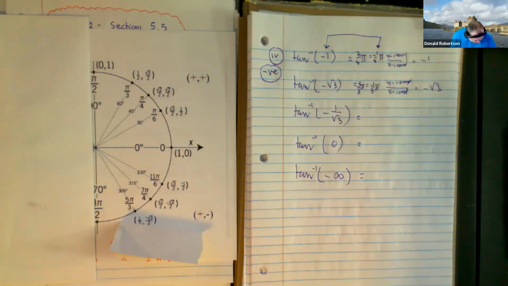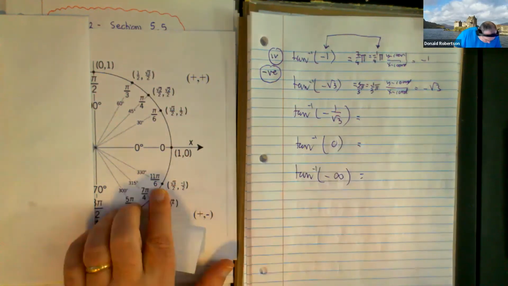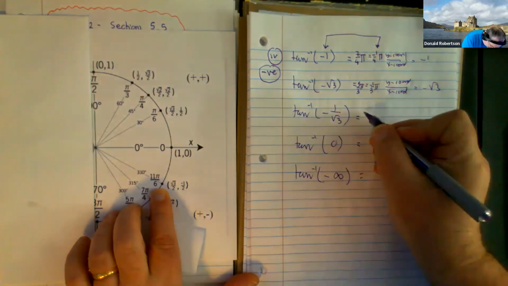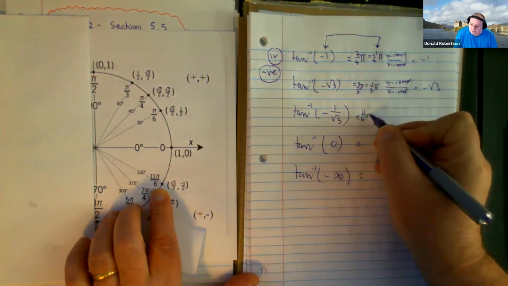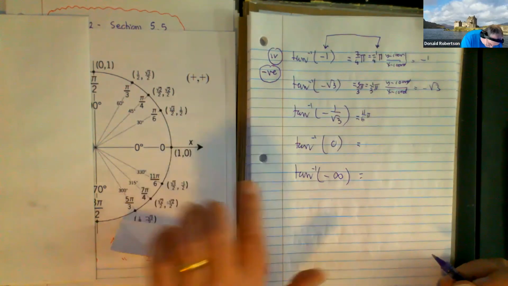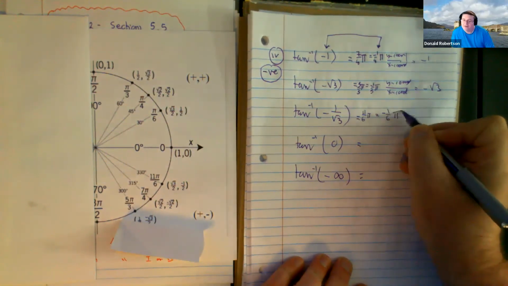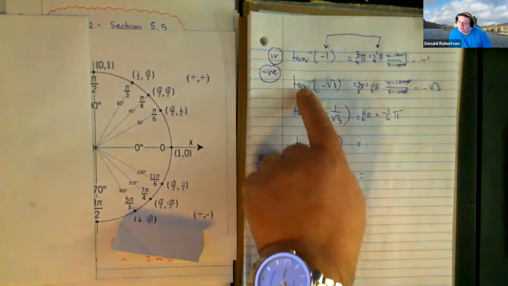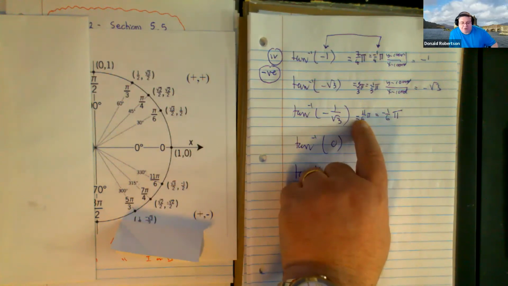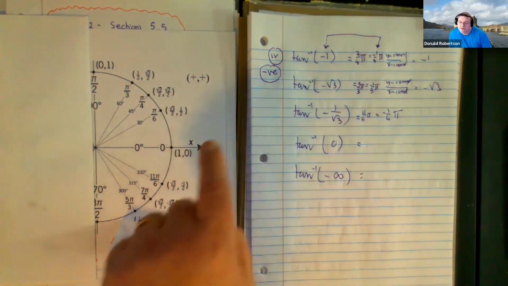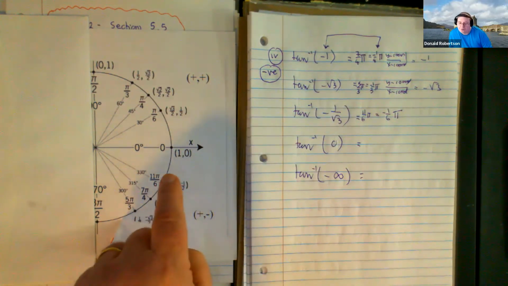Okay. This guy here is what, 11/6? Great. That one's 11/6. Of course, that ends up being -1/6. We don't give the answer as a positive. When your answer is in the 4th quadrant, the inverse tangent should always return this one.